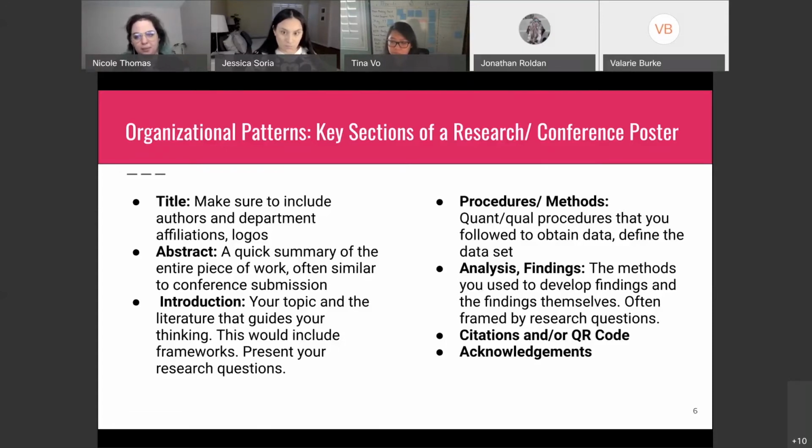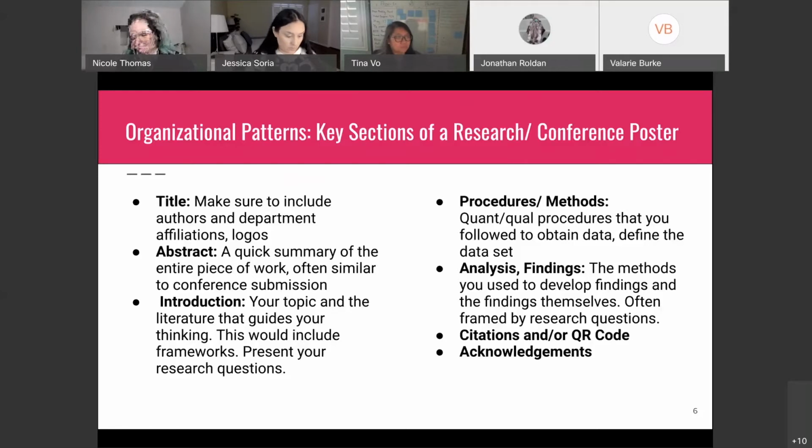So people can come up to your poster and say, hey, this is really great, where can I get more info about this? You could scan it and be transported to a different page, and then people could find out all about your research. I included a QR code on one of my posters for a conference that I did last February, which is weird because of COVID, it feels like such a long time ago, but it was just last February.